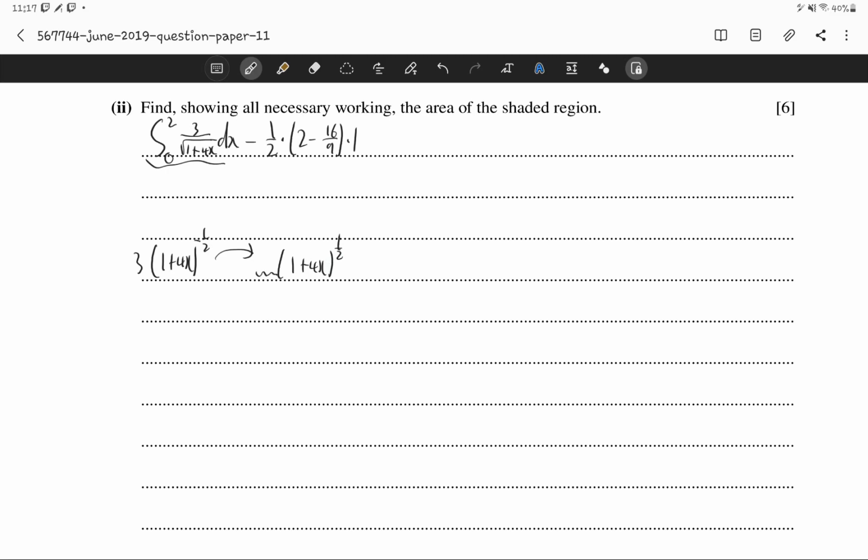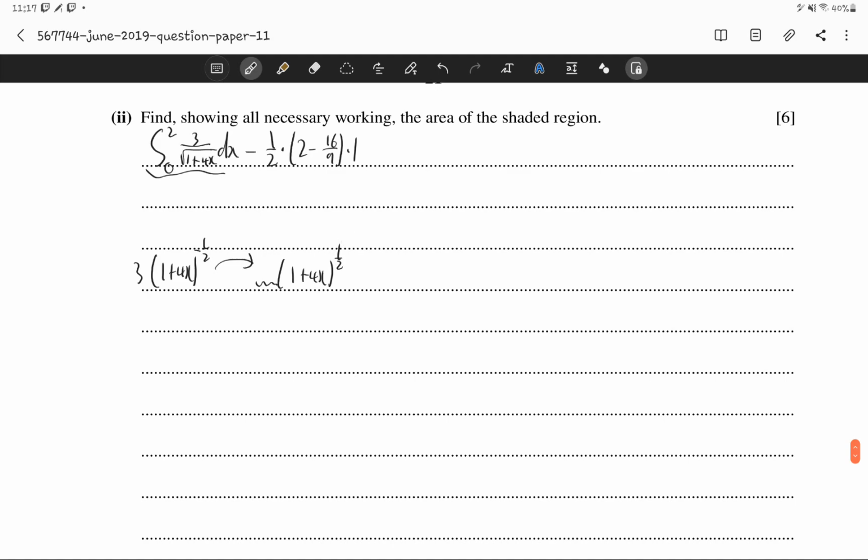So let's try it. A half goes down, times 4, that's 2. So something times 2 times this would have to equal 3. So it would have to be 3 over 2.